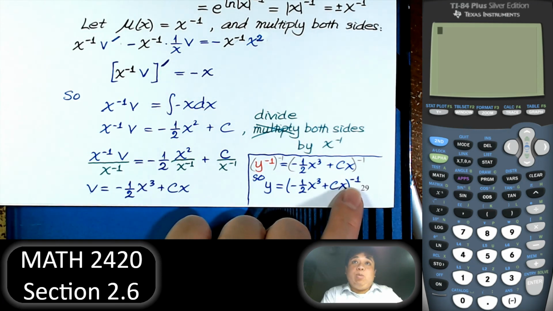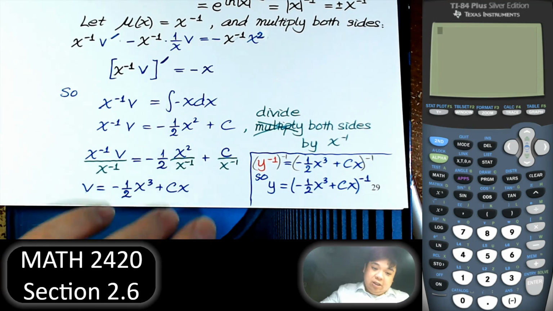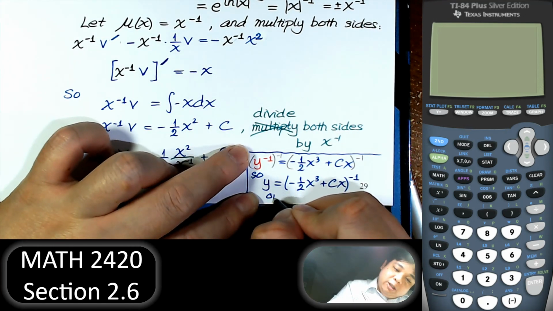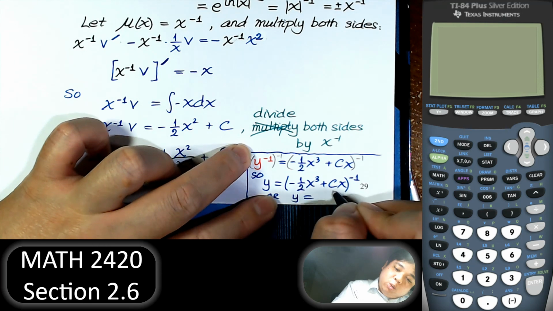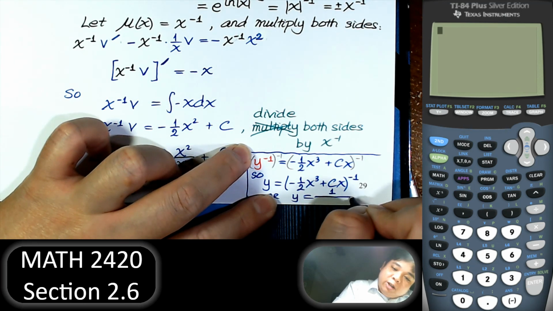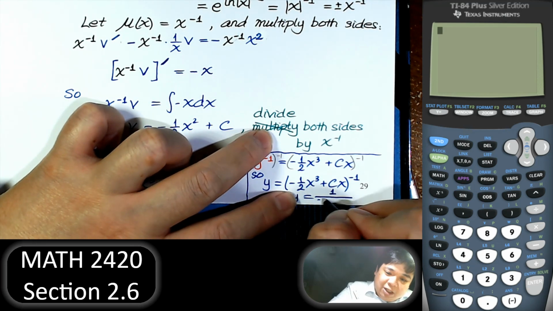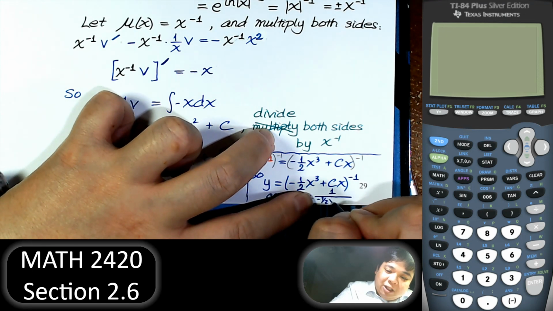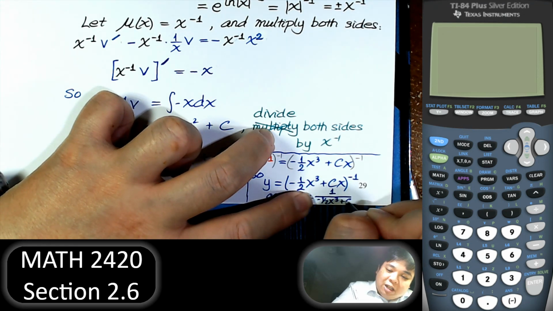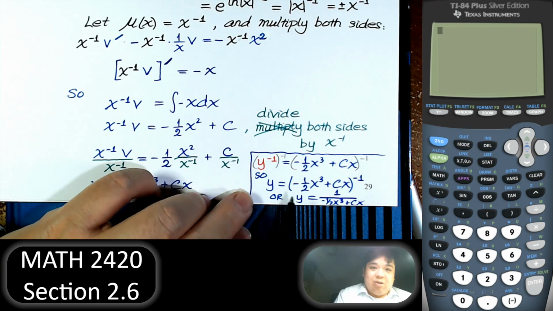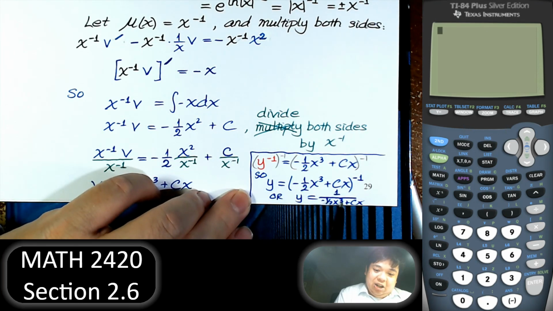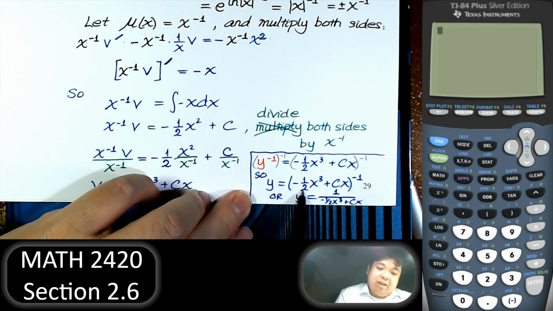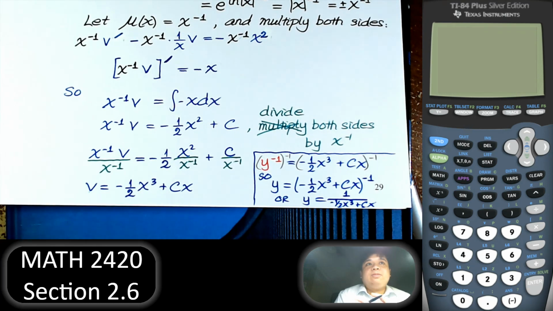And to the negative 1 is the reciprocal power. Or we can write y equal to 1 over negative 1/2 x cubed plus cx, under the denominator.